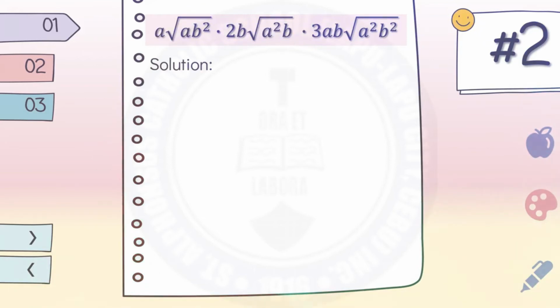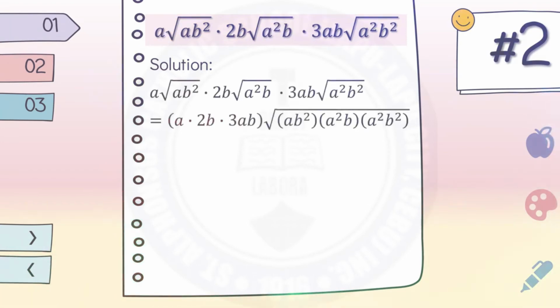Then always remember to simplify the final answer. So as we continue our solution, multiply the coefficients. You have the outer coefficients, which are A times 2B times 3AB, that is 6A squared B squared.